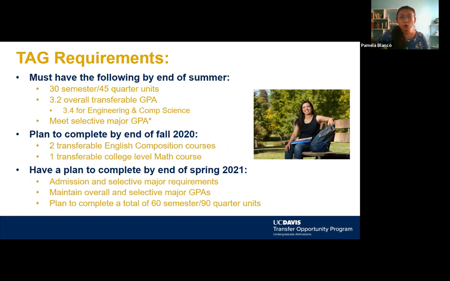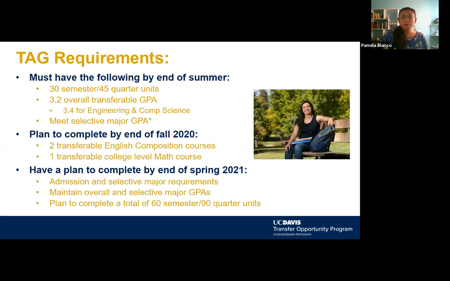And the minimum overall GPA that we're looking for is at least a 3.2 by the end of summer. Again, for students who are in the College of Engineering, who are applying in engineering majors and computer science, the overall GPA is a 3.4. Yeah, 3.4 overall GPA.